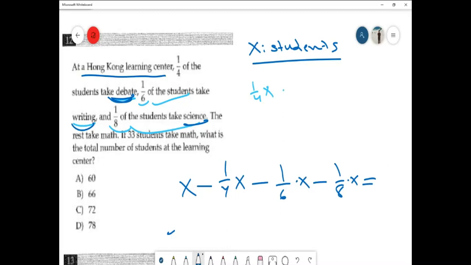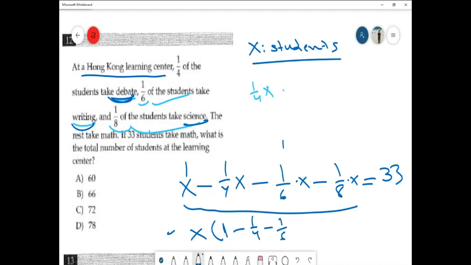So 1/4 of the learning center is taking debate, so I will subtract it. I will also subtract the number of students who are taking writing, which is 1/6 times x. And also I'm subtracting the number of students who are taking science, which is 1/8 times x. This will be equal to what? When I subtract the number of students from three different classes from all of the students, it will give me the number of students who are taking math, the rest of them: 33.